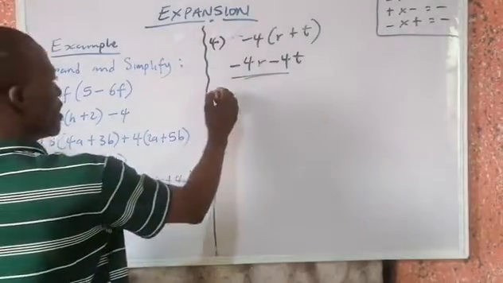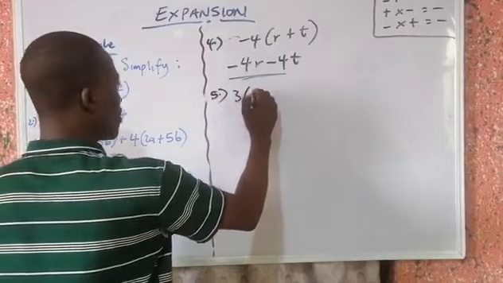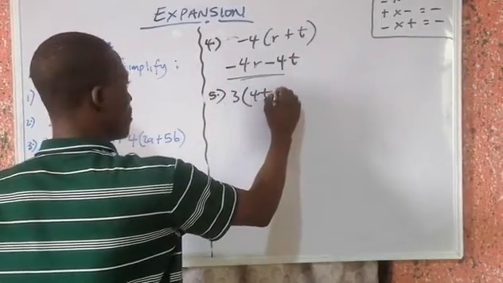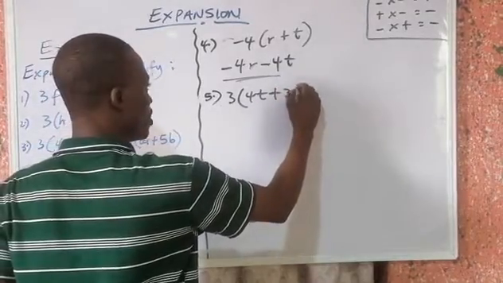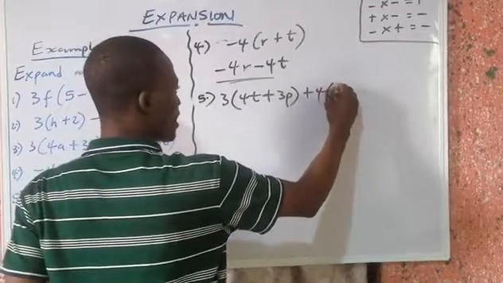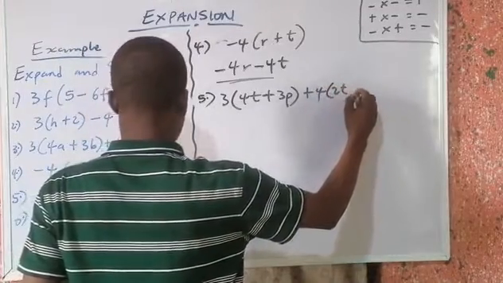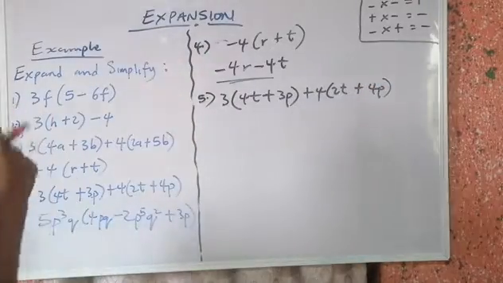Okay, so number 5: 3 bracket 4t plus 3p, bracket, plus 4 bracket 2t plus 4p. So this is what we have here.